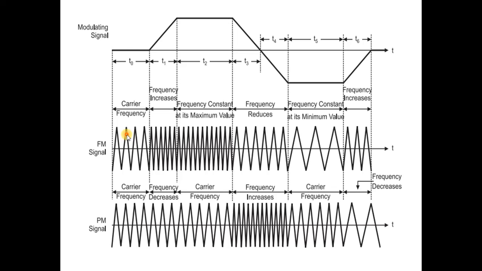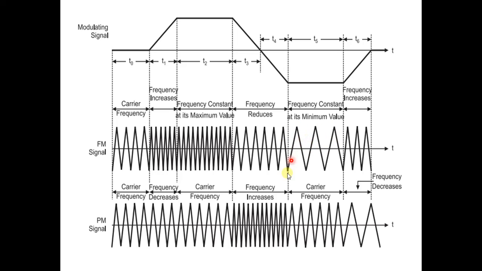It remains constant during the interval T2 at this maximum value. During T5 interval, its value is minimum. Observe here. This is the interval T2, whereas this is the interval T5.